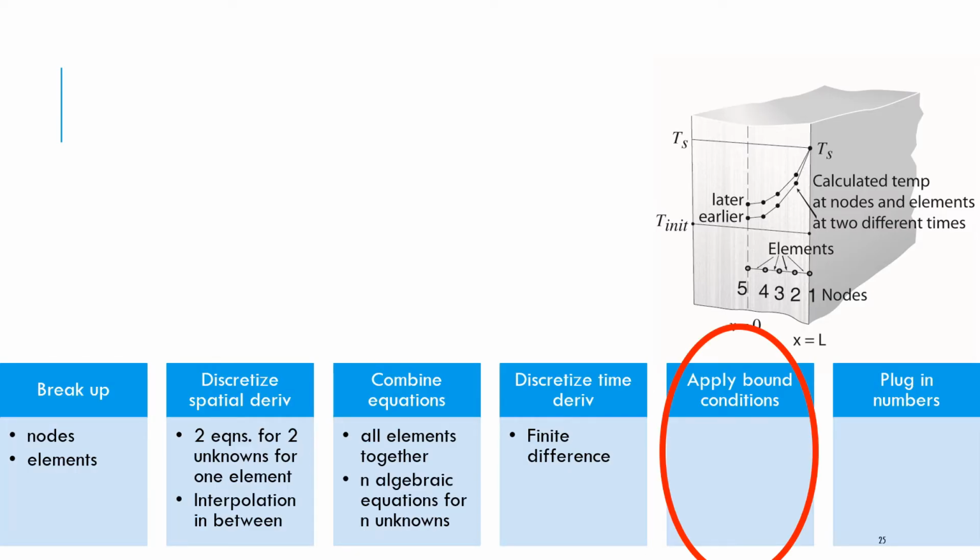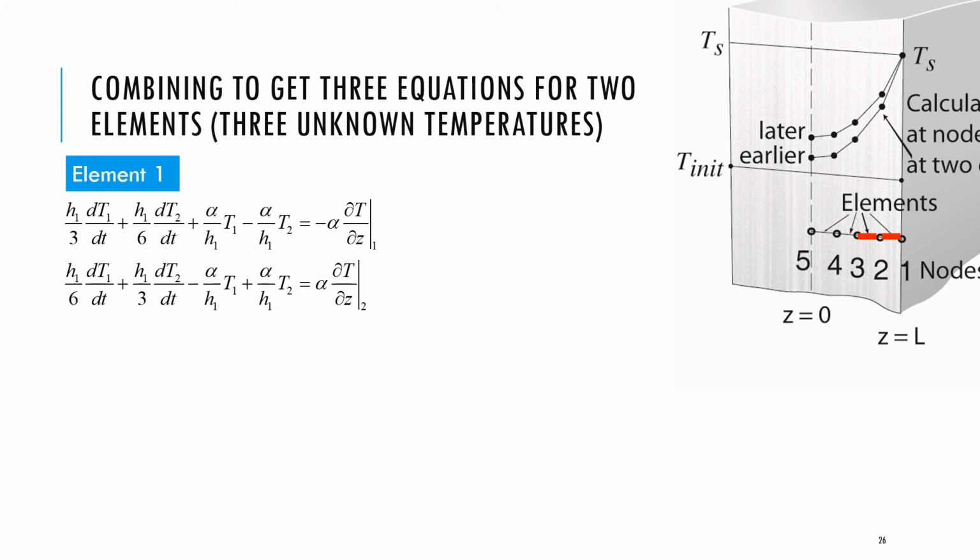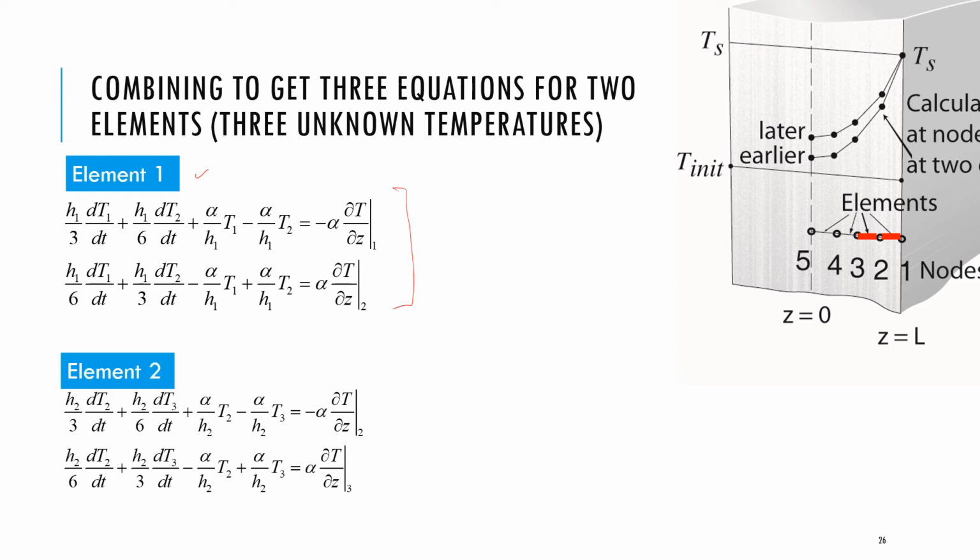Now that we have a set of algebraic equations, having converted everything from the spatial derivative and the time derivative, we just need to apply the boundary conditions, which we haven't done so far. Just to recap, when we wrote the two equations for element 1 and element 2, we combined these two and eliminated these two terms.